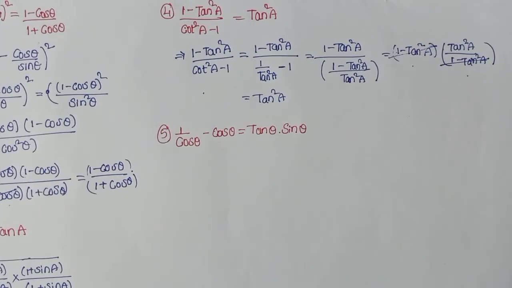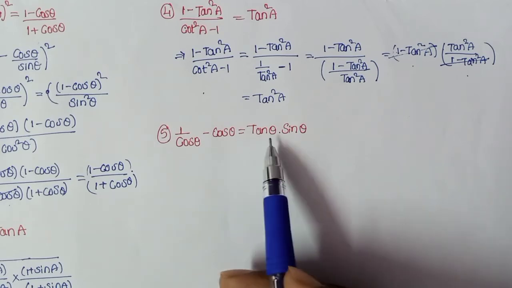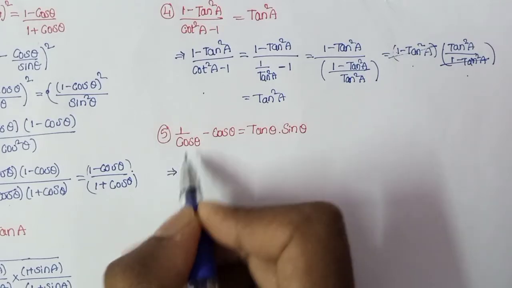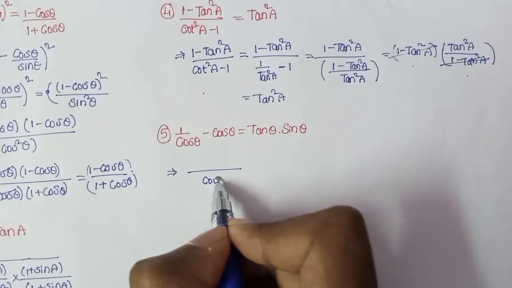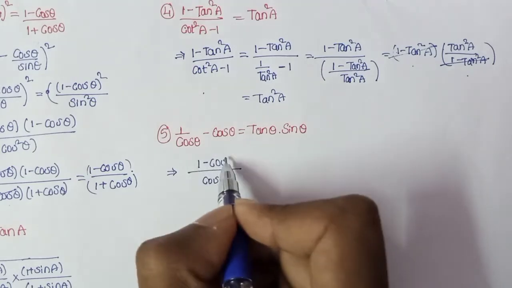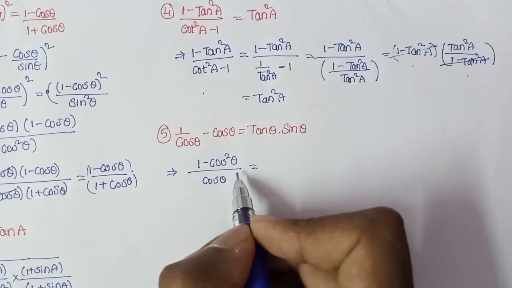Okay, the next problem is: show that 1 by cos theta minus cos theta is equal to tan theta into sin theta. It is very simple. Here 1 by cos theta minus cos theta. So in the denominator you can write cos theta. So what you will get? 1 minus cos theta into cos theta, that is cos square theta. 1 minus cos square theta is what?